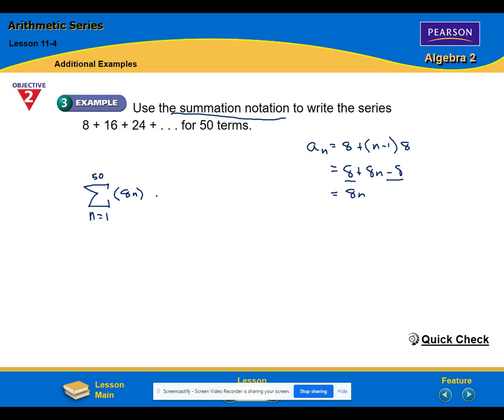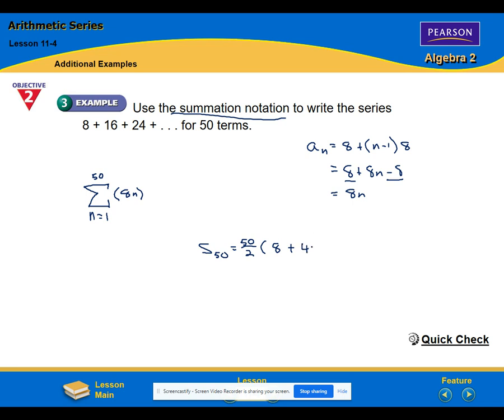And by the way, if you wanted to find that sum, that'd be the sum of 50 numbers, and it would be equal to 50 over 2 times the first term 8 plus a sub n. Let me just pause right now and let you think about that for a second. What would be the last term?